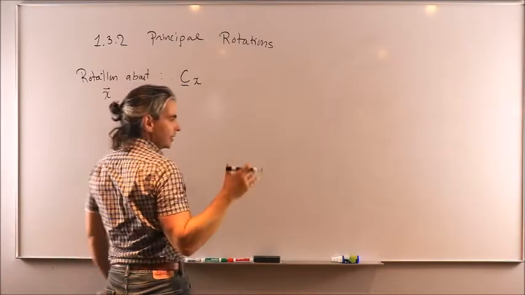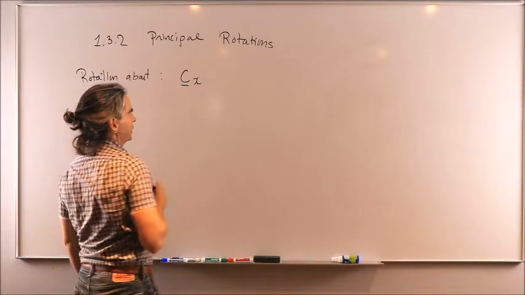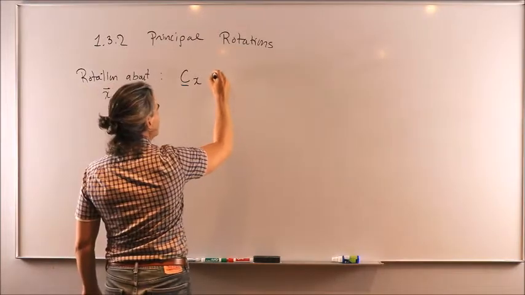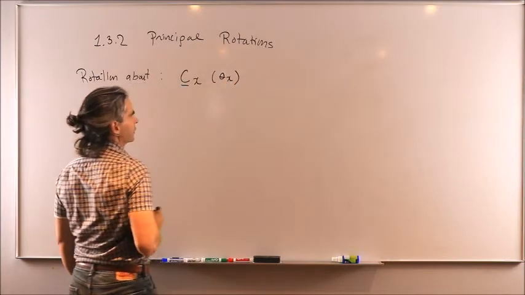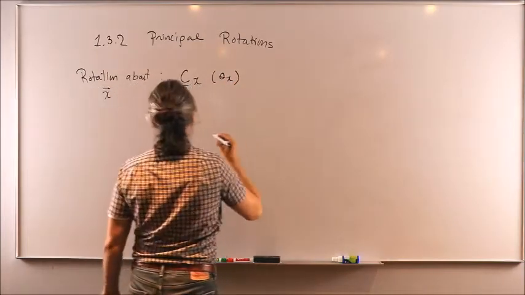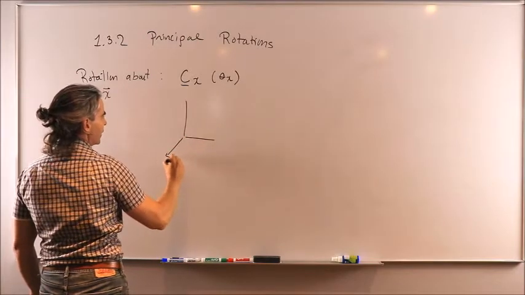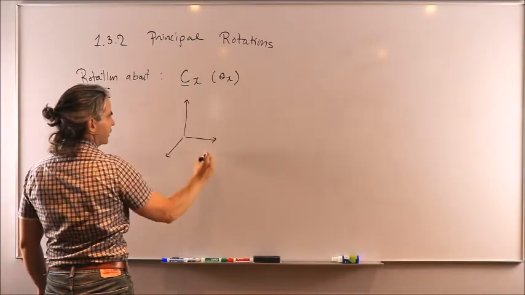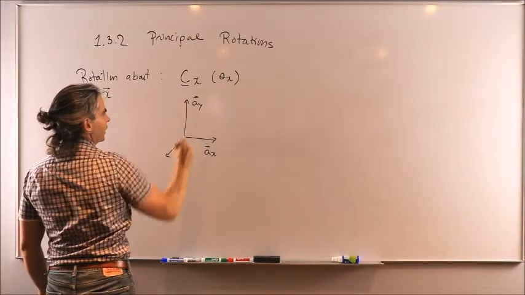And that rotation that takes place about a single axis at a time, the x-axis in this case, will be done through an angle denoted theta x. All right? So that would be the situation where you have, say, reference frame A oriented like that, AX, AY, and AZ.